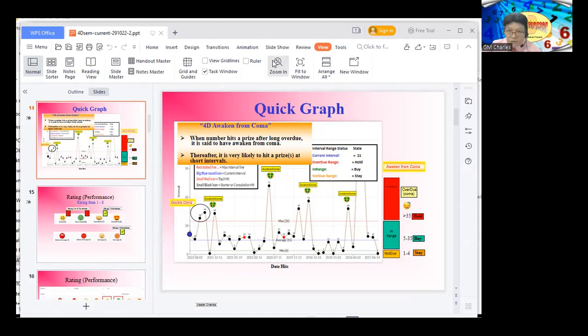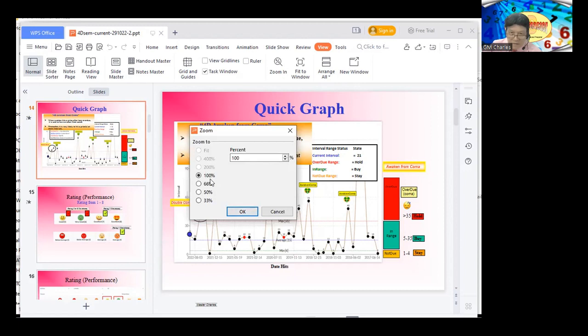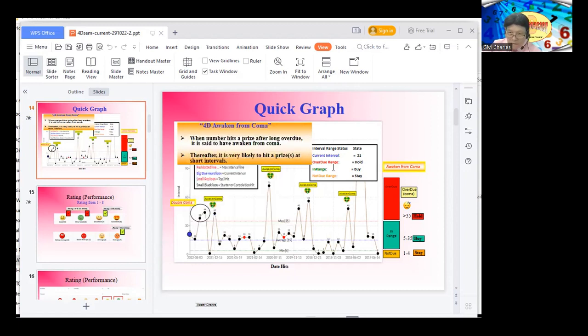So let me just zoom in a bit more. Okay, so you see, they hit at very low interval for a period of time, 1, 2, 3, 4, 5, 6, 7 times, and then after 7 times, it goes into coma again.